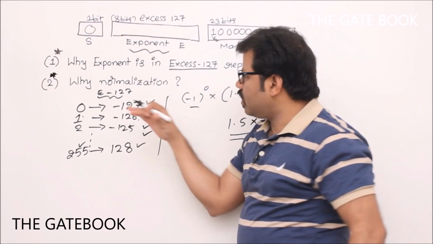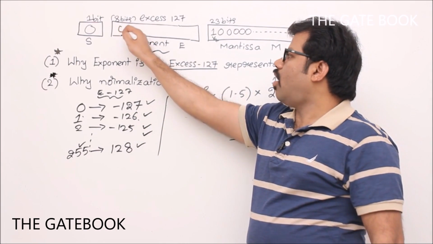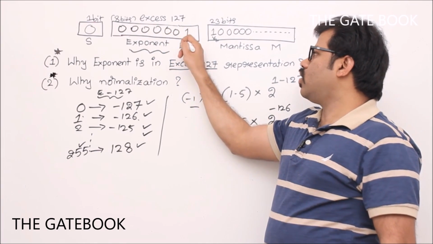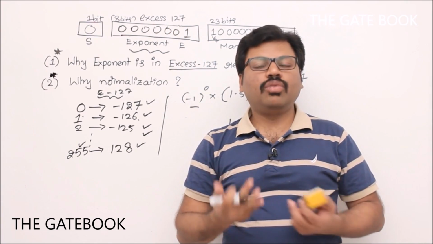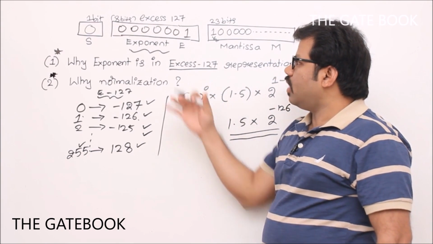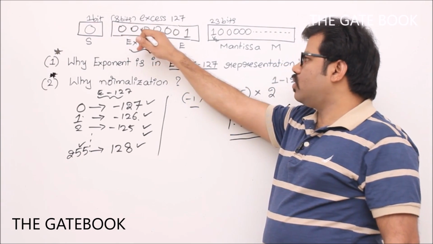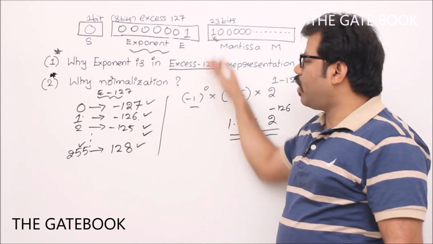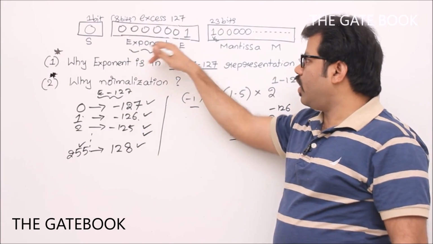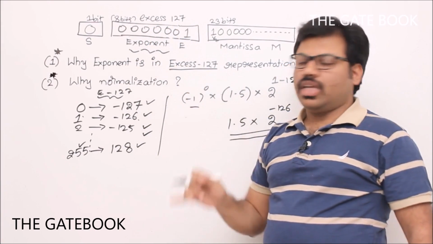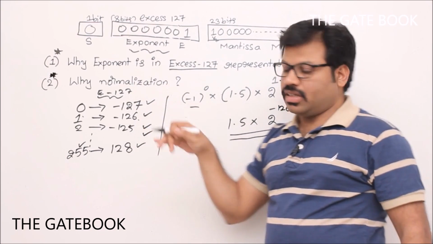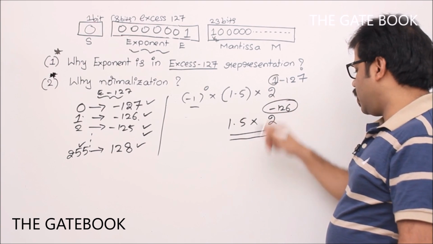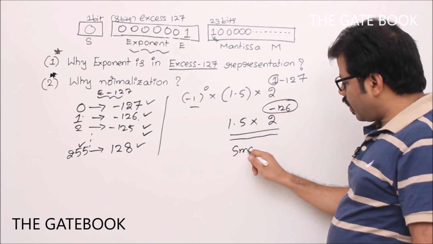But if I use excess 127 representation, then all zeros, or all zeros followed by 1, come naturally. What is the human tendency? Human beings generally use patterns like 00001 for representing smaller numbers. In our floating point representation also, whenever your exponent is all zeros followed by 1, if you use excess 127 representation, then we do 1 minus 127, which gives minus 126, and you will get the smallest number, right?